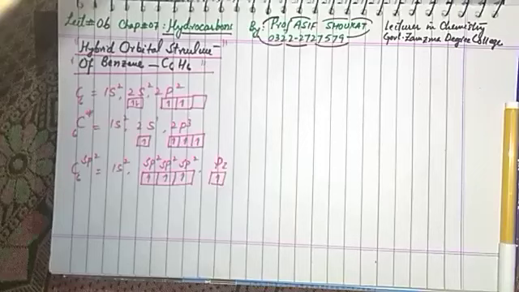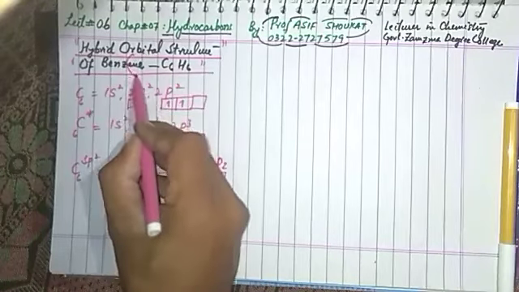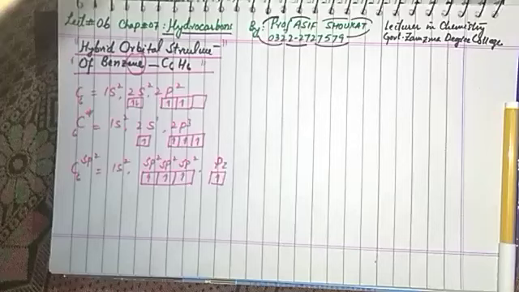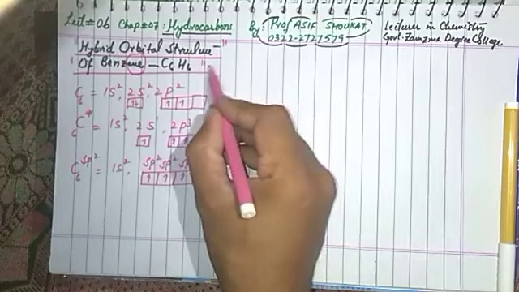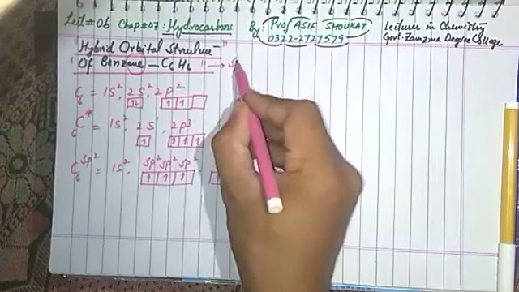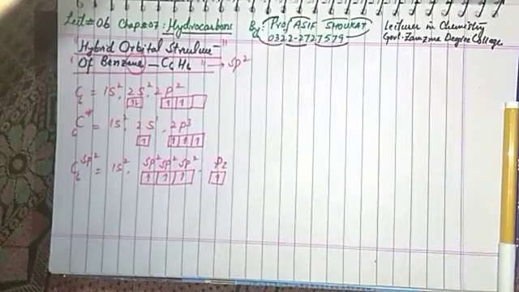We always start any hybrid orbital structure with the name of the compound. Benzene is the name. It ends on "ene", similar to the alkene family. So do remember, due to this similarity with the alkene family, carbon in the benzene molecule is also sp2 hybridized.